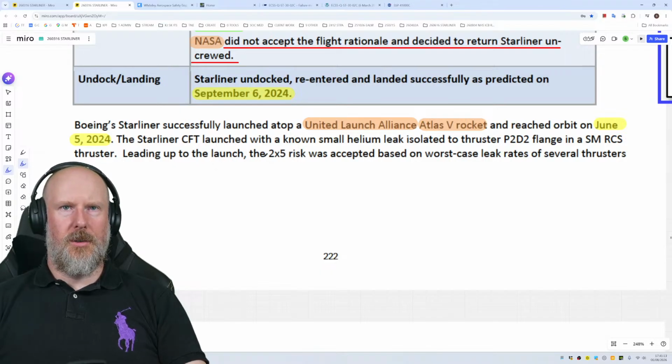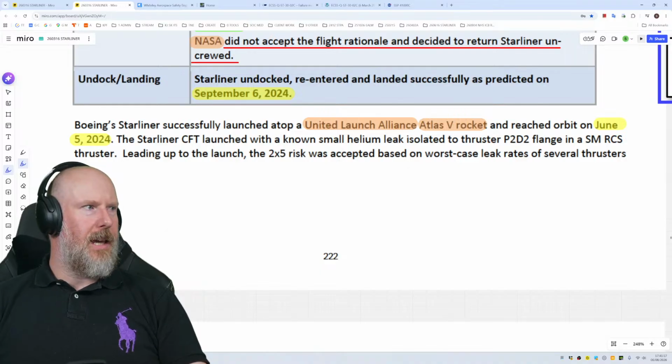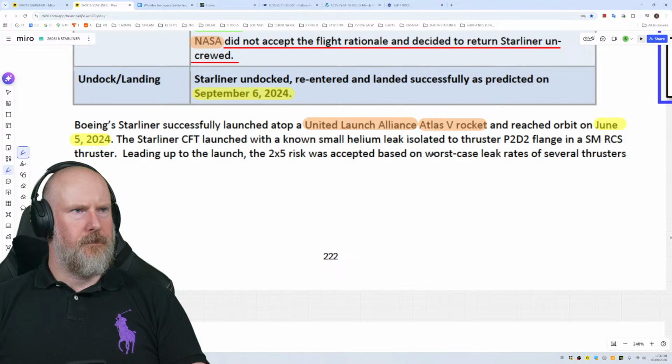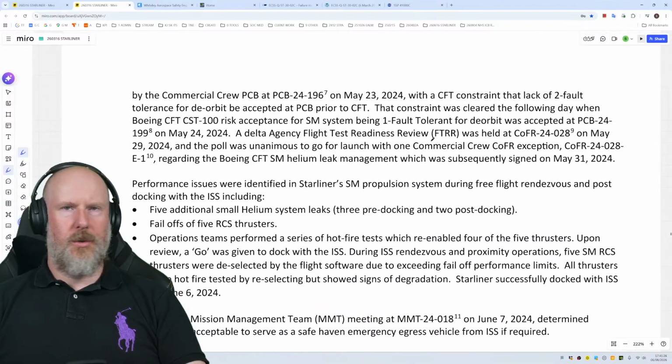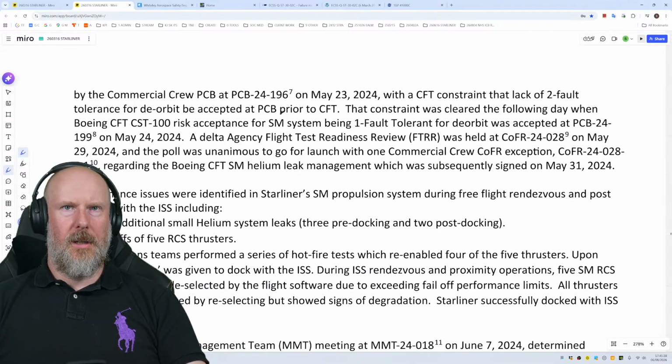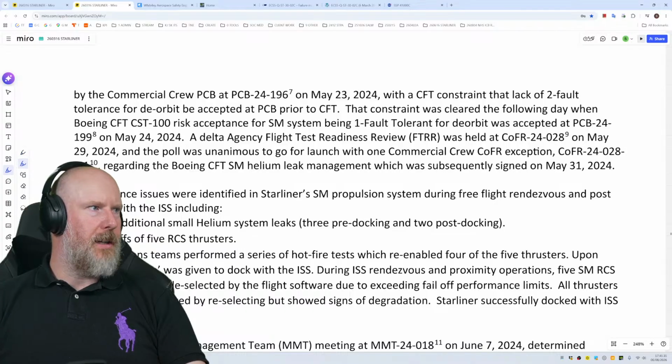Leading up to the launch, the 2x5 risk was accepted based on worst case leak rates of several thrusters, not just one, by the Commercial Crew Program Control Board at PCB 24196.